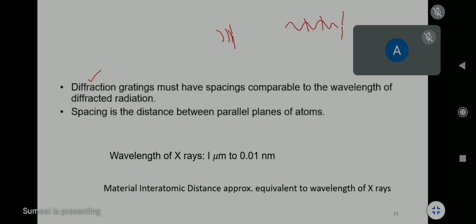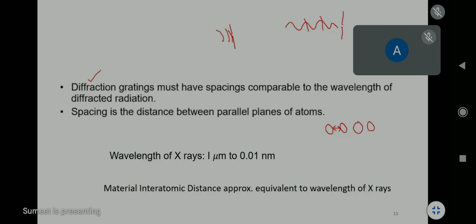Now let us move to the microscopic level, in terms of atoms. We know that atoms are arranged in a crystalline material, placed close to one another. So this is the interatomic distance.